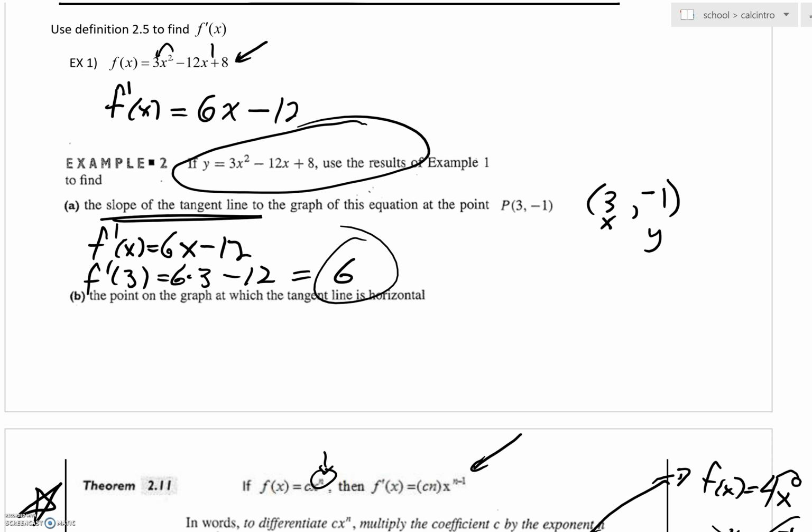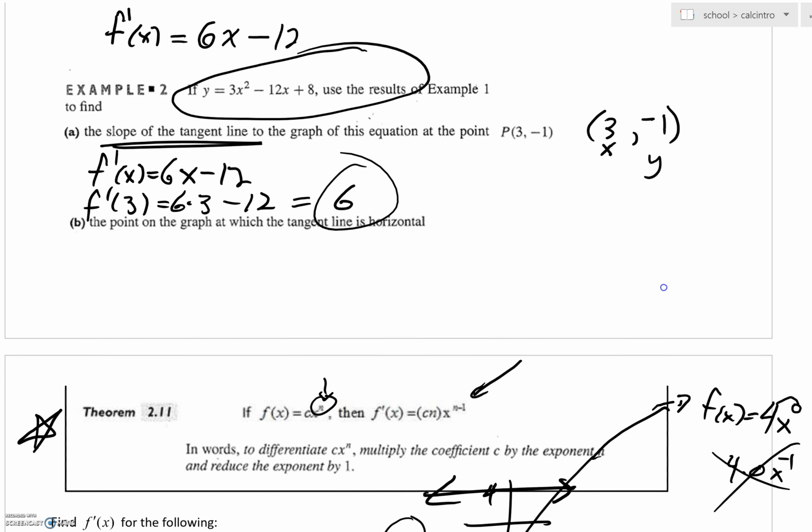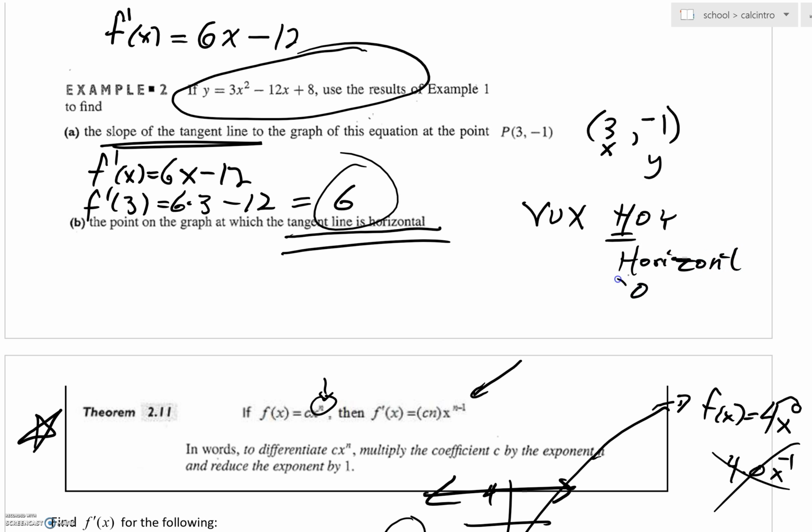Okay, we doing okay? Well, then they're going to say, find the point on the graph at which the tangent line is horizontal. Well, wait a minute. If the tangent line is horizontal, you might remember Vux and Hoy. Horizontal lines have what kind of slope? 0 slope. Wow, we need that. The equation would always look like y equals a number. And look, we've got f prime of x is equal to 6x minus 12.